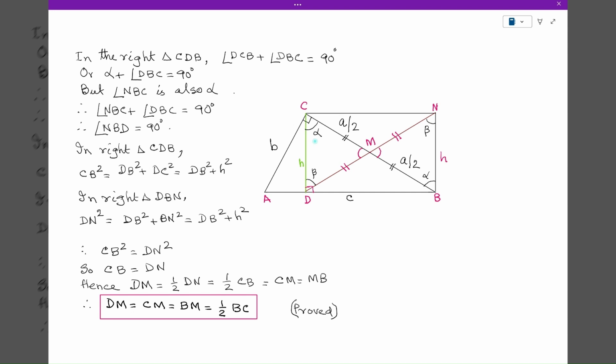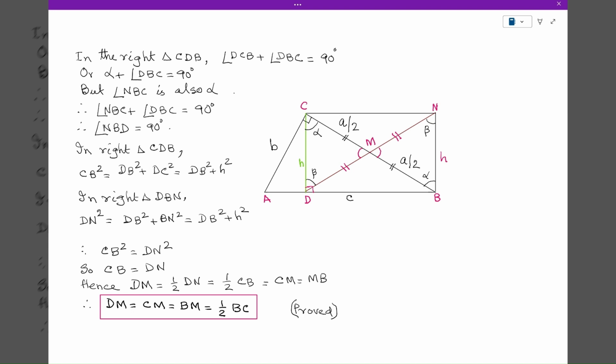Now this angle is alpha and this angle is alpha. Since alpha plus this angle is 90 degrees, we get this angle plus this angle also 90 degrees. Hence, this entire angle is 90 degrees. Angle NBD is 90 degrees.